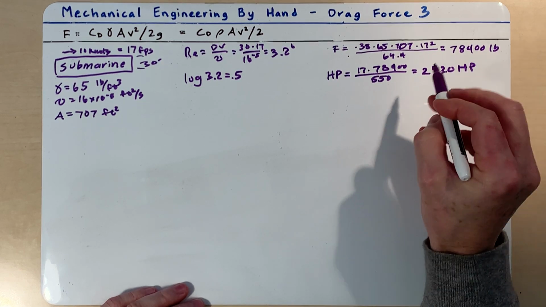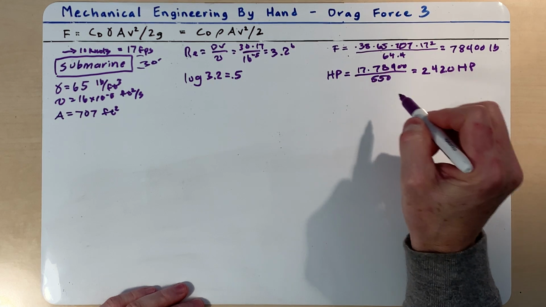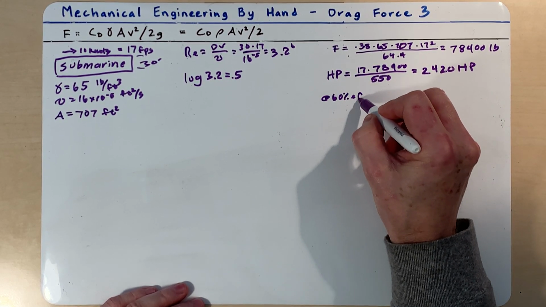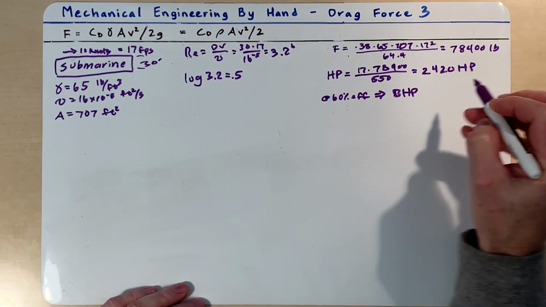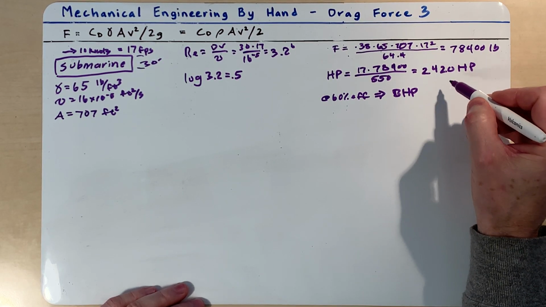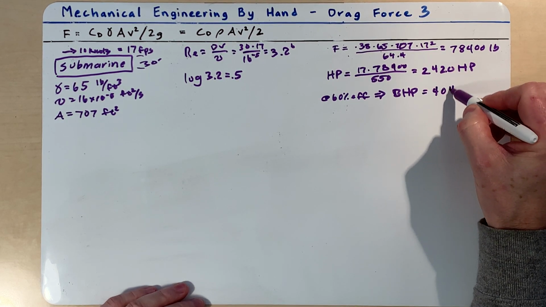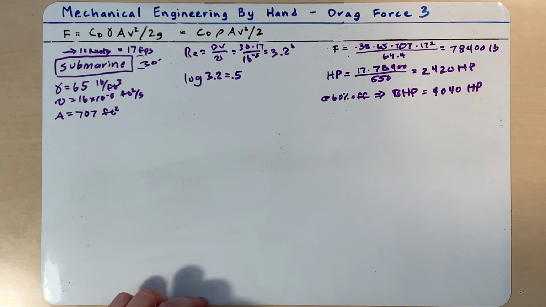And then if we assume the propellers on the submarine are 60% efficient, then our brake horsepower would be this 2,420 divided by 0.6, which is 4,040 horsepower. And that would be the power required from the engines.